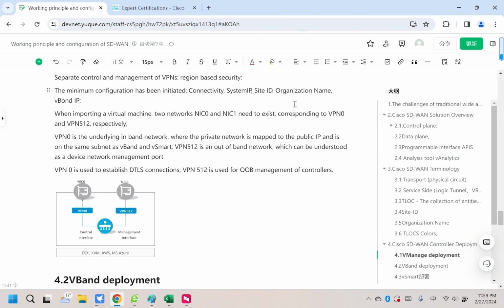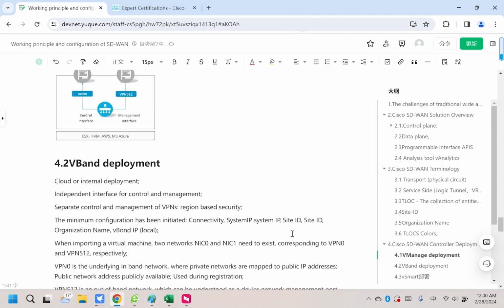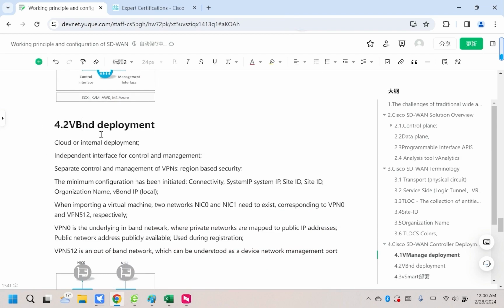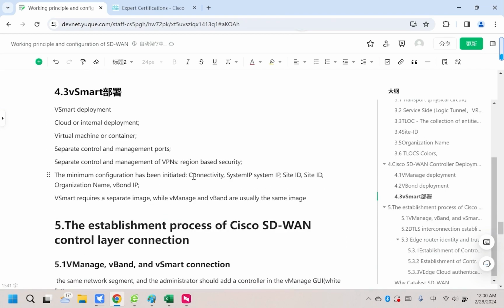Regarding the physical deployment in a VM environment, we just need to import the OVA image, and the deployment can be completed.